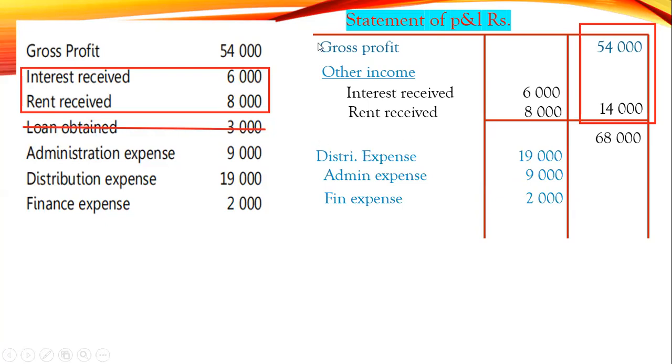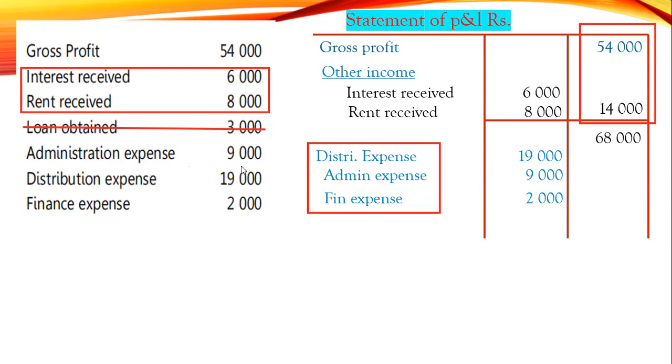That means distribution expense, administration expense, and after that finance expense and other expense come. There is a format for the statement of P&L, so we can't change the format. We don't write administration expense first, even though in the question you have administration expense first. In P&L, the first expense is distribution expense.